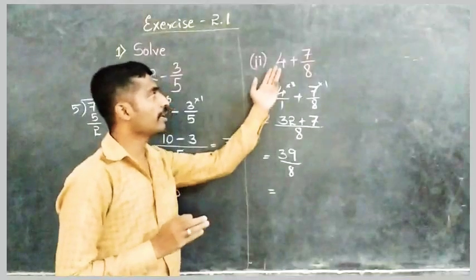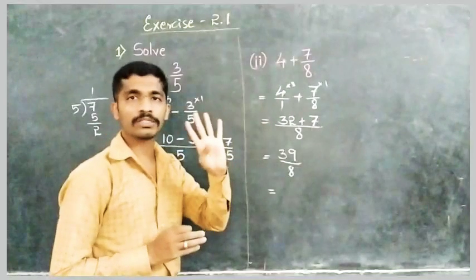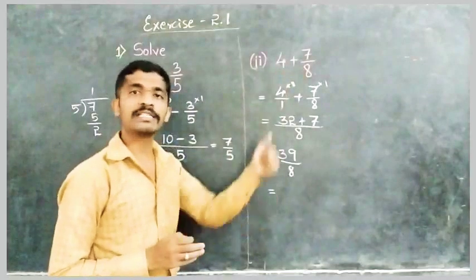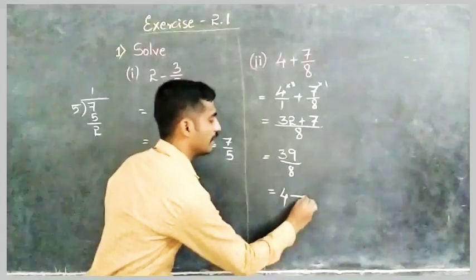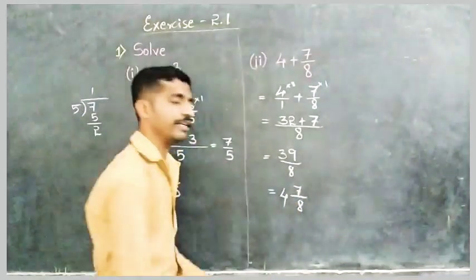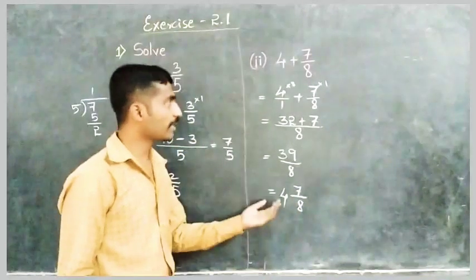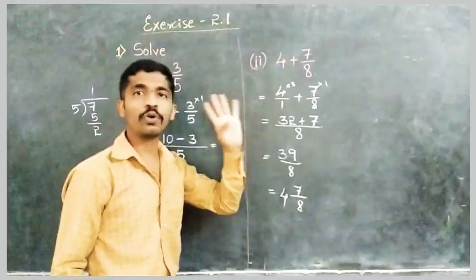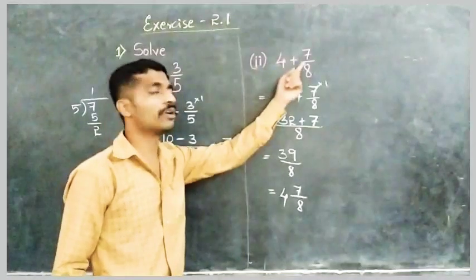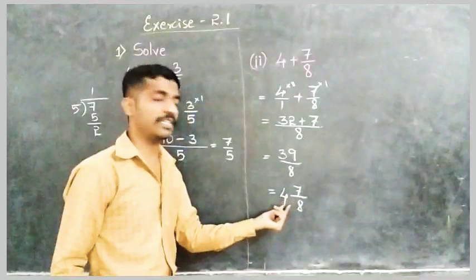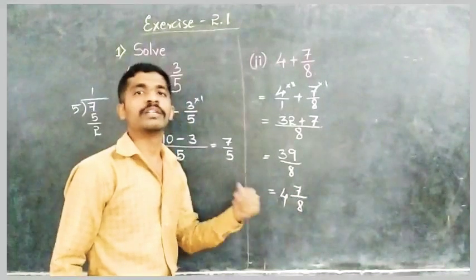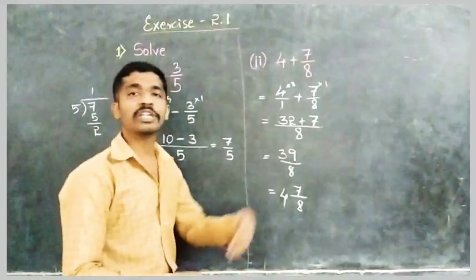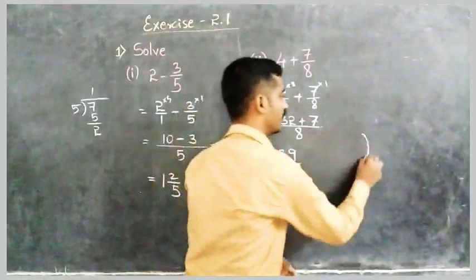Okay, so how to write it in mixed fraction? Simple thing. Here 4 is a whole number, plus 7 by 8 is a proper fraction. So 4 integer 7 by 8, because you are adding a whole number 4 with one fraction. So that is nothing but your 4 integer 7 by 8. Still if you have confusion, just go with the division.